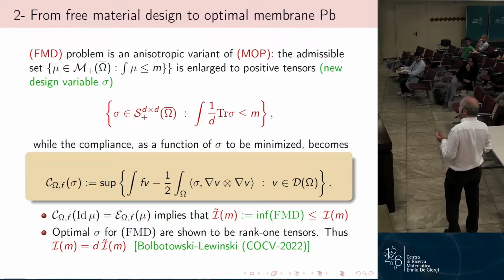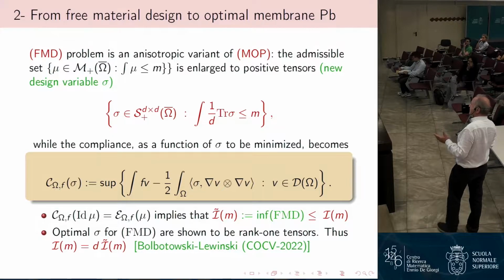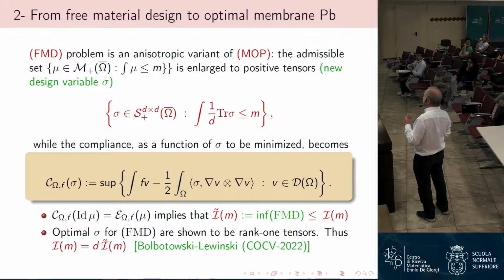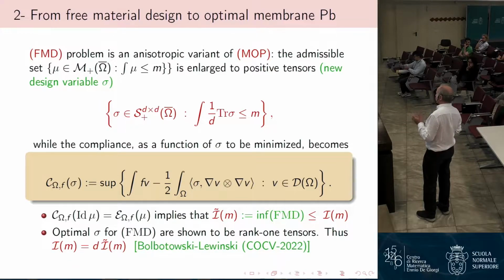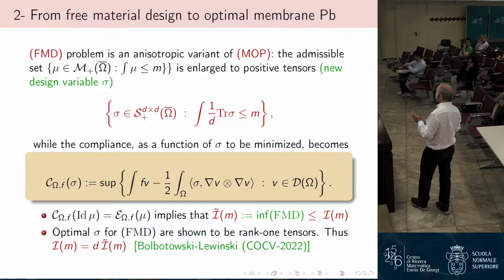This tensor measure comes in because you have a diffusion equation which is anisotropic a priori, and the energy with respect to a test function v is given by sigma gradient v.